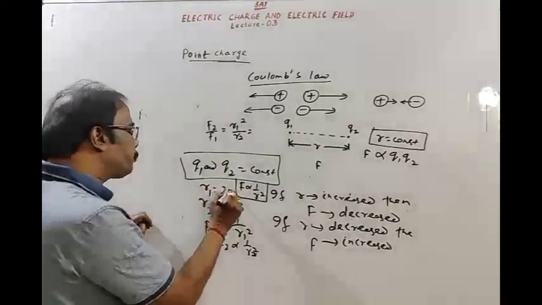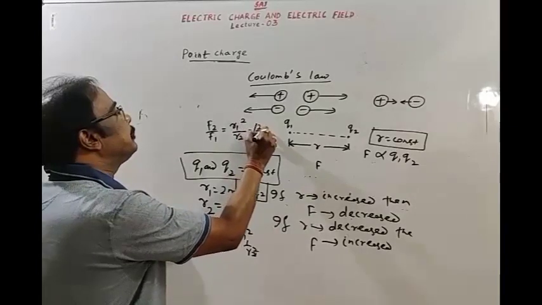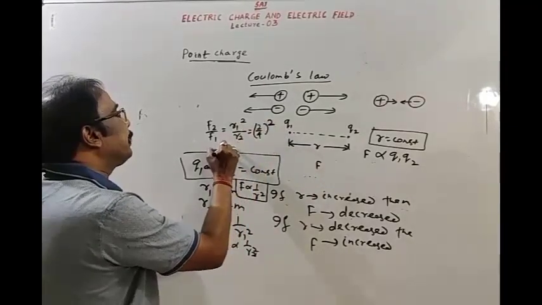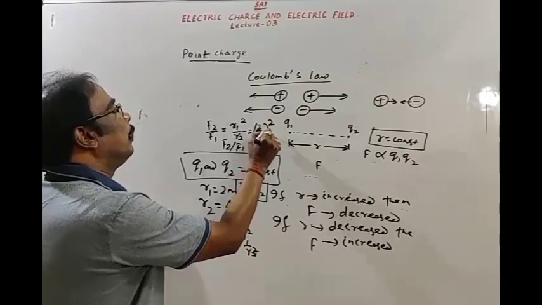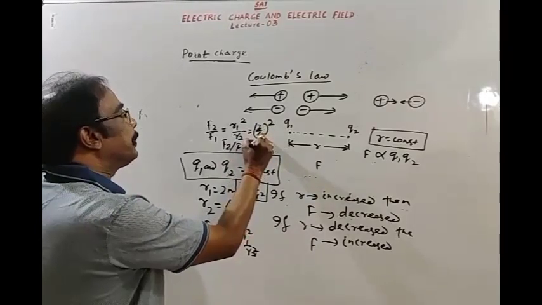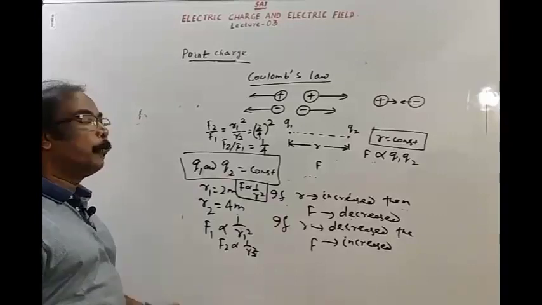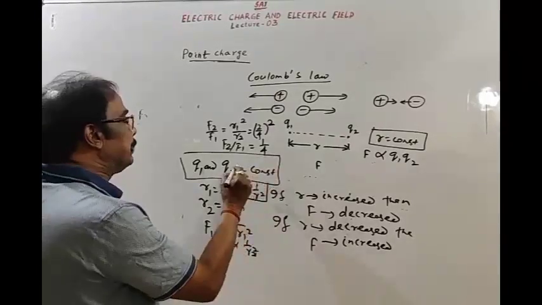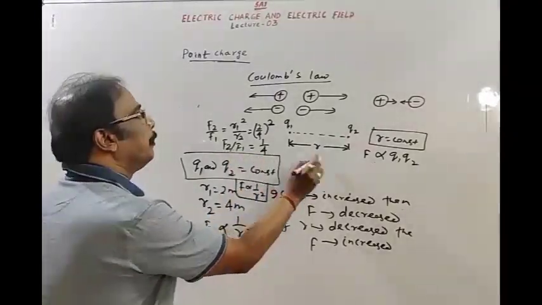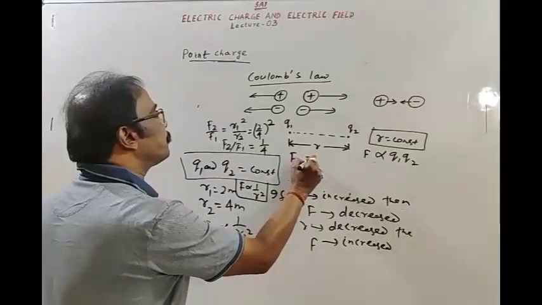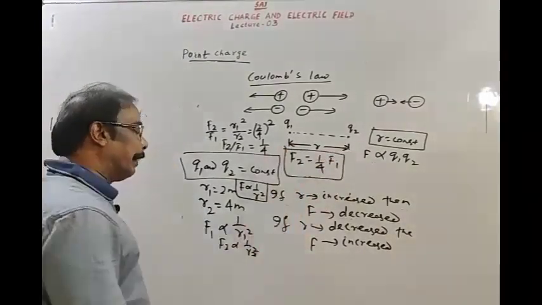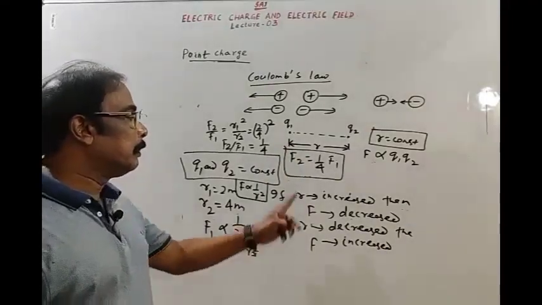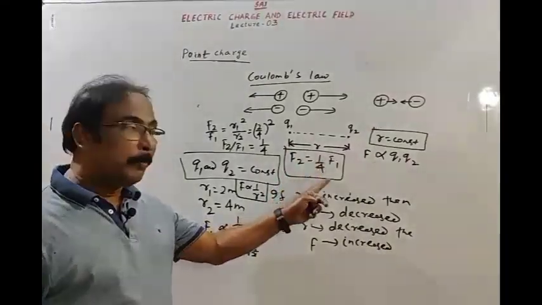If R1 is 2 meter and R2 is 4 meter, this is 2 square by 4 square, meaning F2 by F1 is equal to 4 by 16, which is 1 by 4. Thus F2 becomes 1/4 of F1. If distance is doubled, then force becomes 1/4.